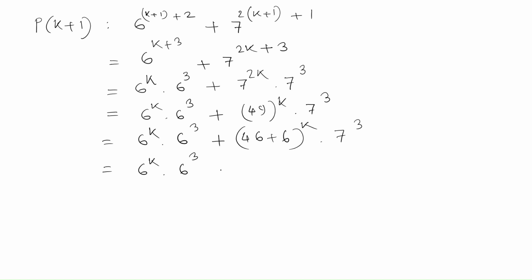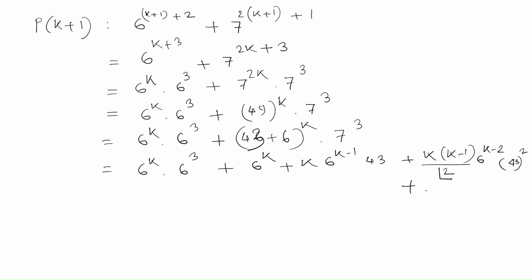Let us expand it. 6 power k, sorry, this one should be 43. 6 power k plus k 6 power k minus 1 43 plus k into k minus 1 by factorial 2, 6 power k minus 2, 43 square, plus so on.